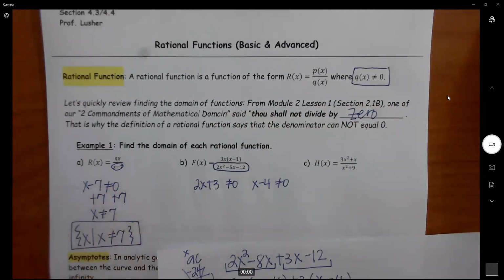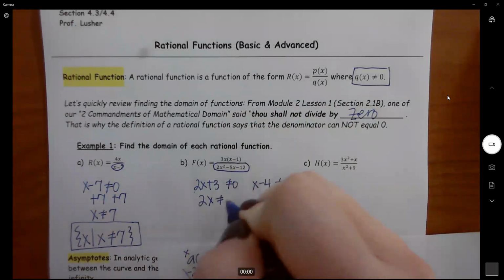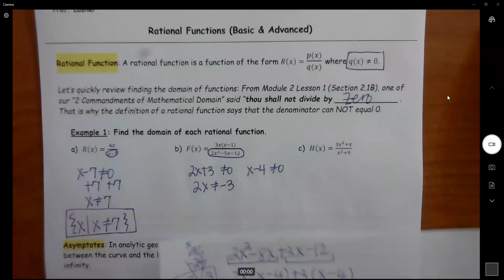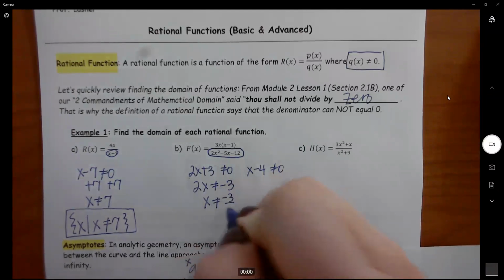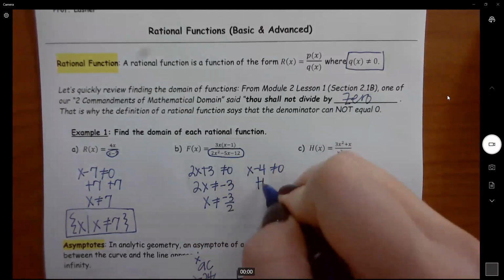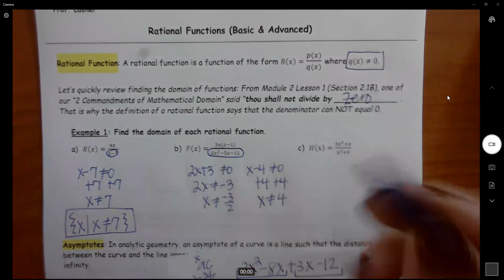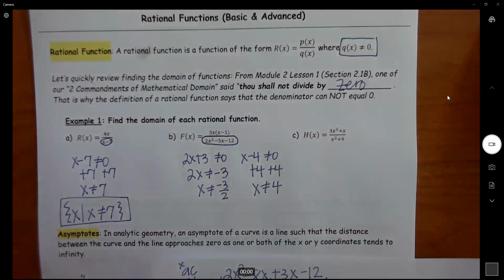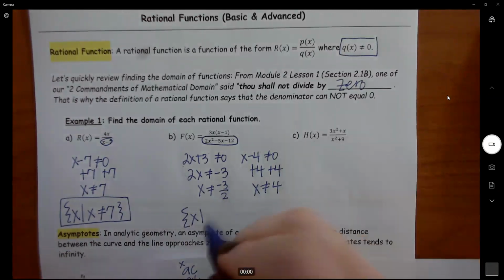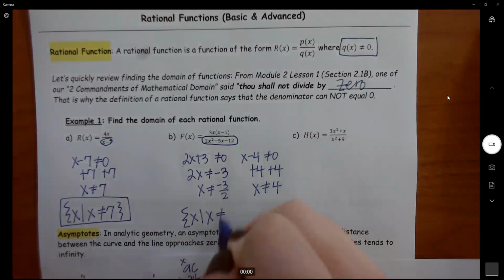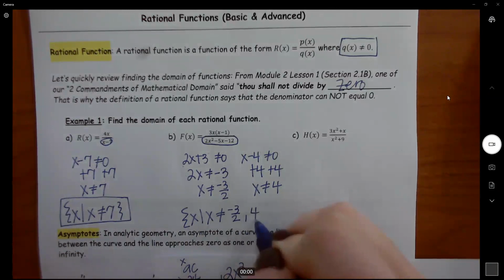Now let's solve for both of these. We subtract 3 and get 2x cannot equal negative 3, then divide to get x cannot equal negative 3 over 2. Here we add 4, and we get x cannot equal 4. In set notation, this is the set of all x such that x cannot equal negative 3 over 2 or 4.